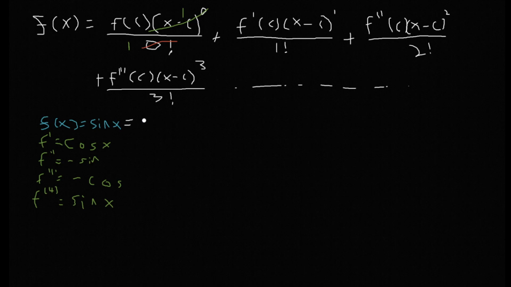So we're going to say f of 2, which is, let's do this at pi, just to make it easier, because we know the function values there. So we could say f of pi, which is sine of pi. Sine of pi is 0.